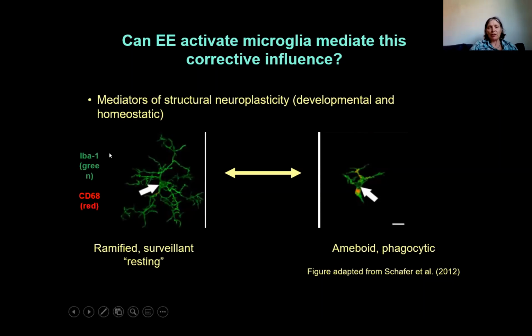We can label them with IBA1 and with the lysosomal marker CD68. The morphology changes, IBA1 is upregulated, and CD68 is increased, and these are all markers of having converted to this more active phagocytic state.